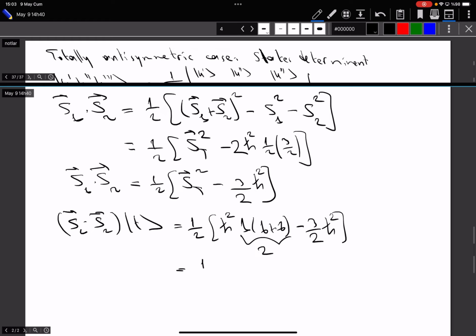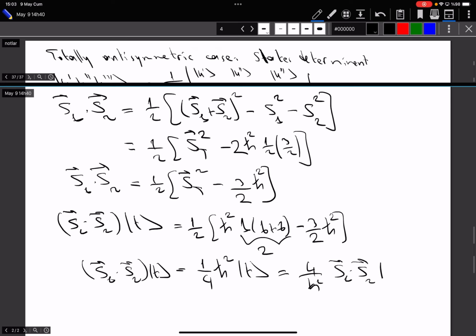This is 1 over 4 h bar squared. Or 4 over h bar squared S1 dot S2 acting on my triplet state just gives me my triplet state, with a coefficient 1.